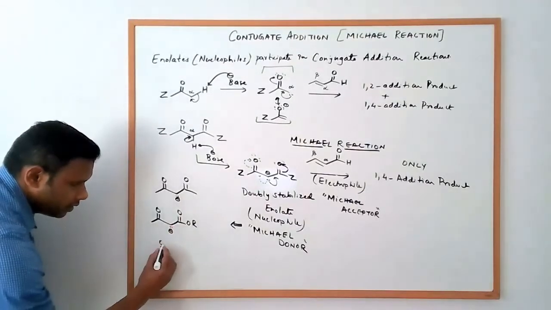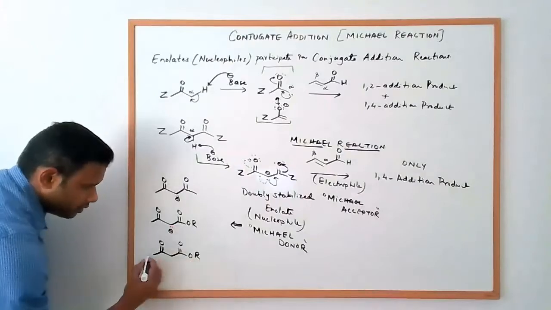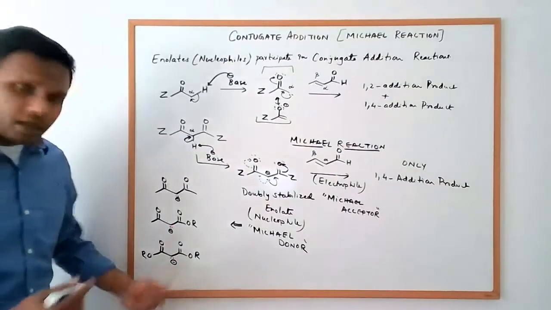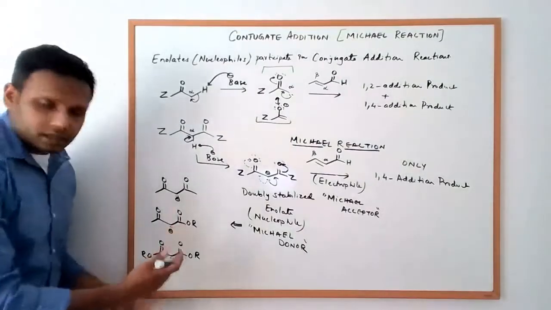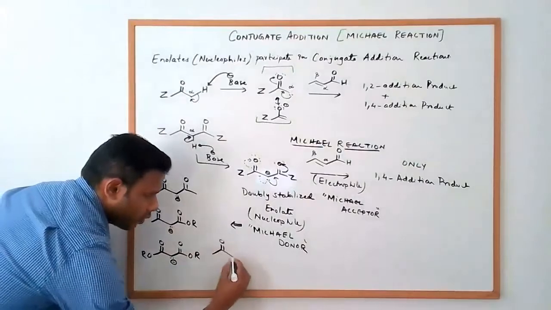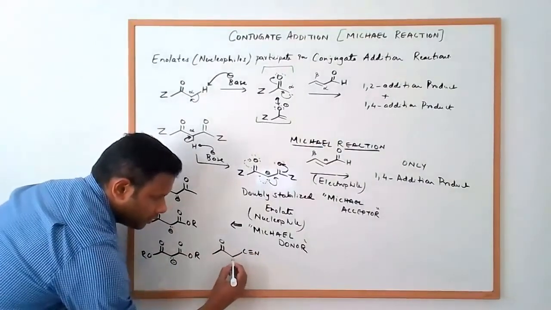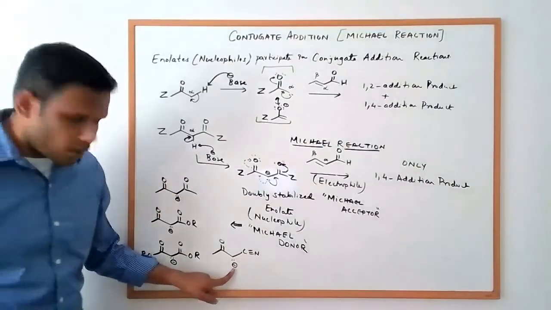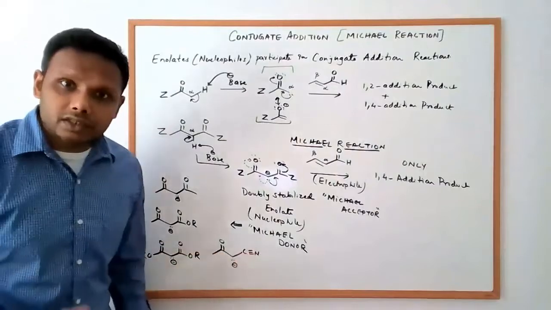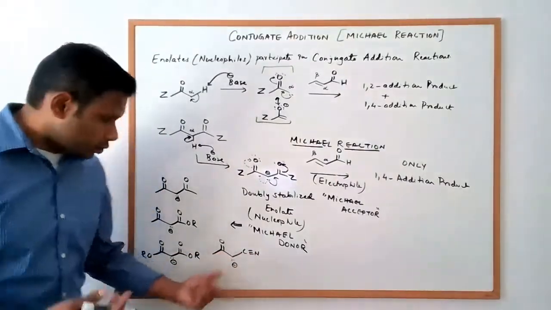Or it could be 2 ester groups that give us a doubly stabilized enolate. But even that's not limiting here, because other groups can also stabilize. So if we have a nitrile, this enolate can also be stabilized by the double bond O, the keto group, as well as the nitro group. So that would also serve as a Michael donor.